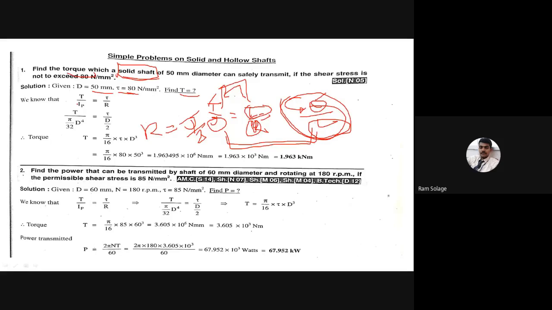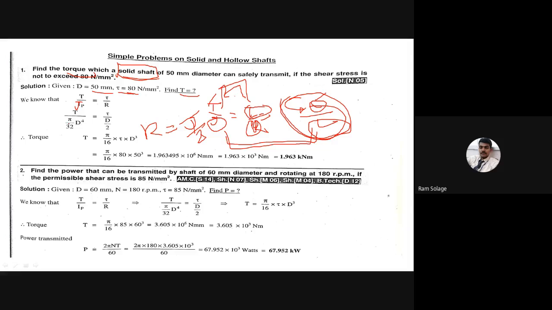What is the formula? T upon J is equal to tau upon R. Some students calculate the separate value of J, and some put the values directly in the formula. Depending upon your calculation, we can find the separate value of J, or put the values in the same formula.